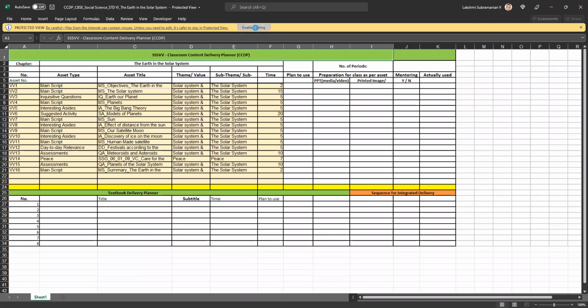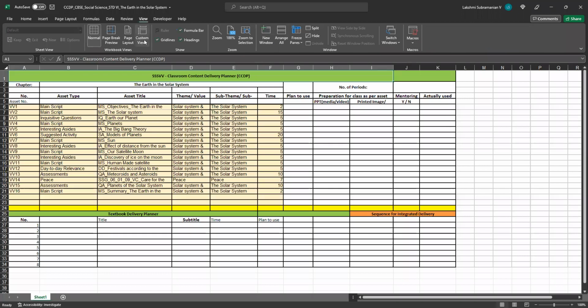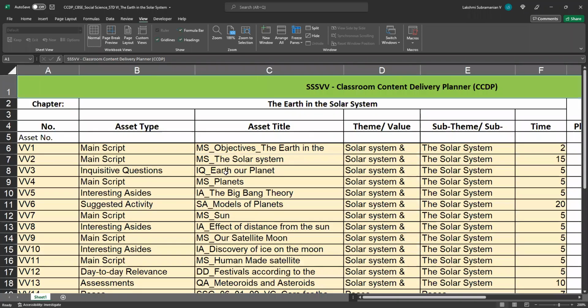Let me slightly make it big. Are you able to see that? Yes, brother, we are able. Okay. So now we are looking at the CCDP for this chapter.